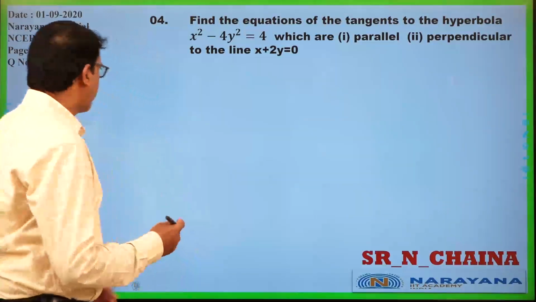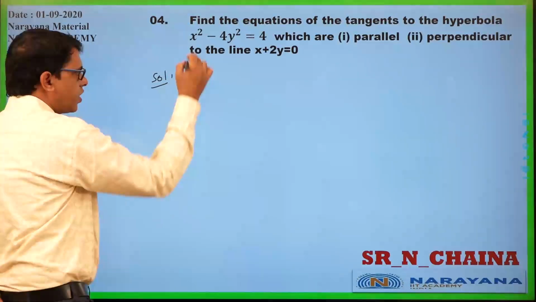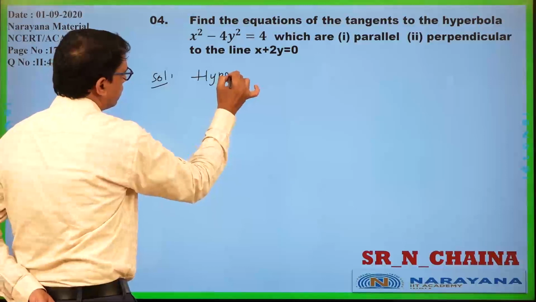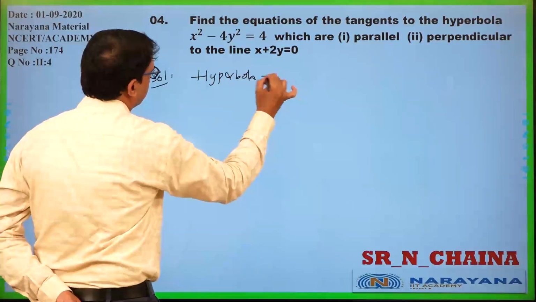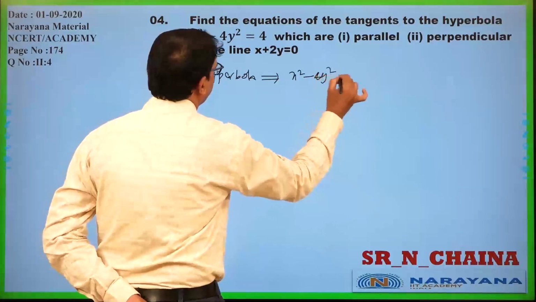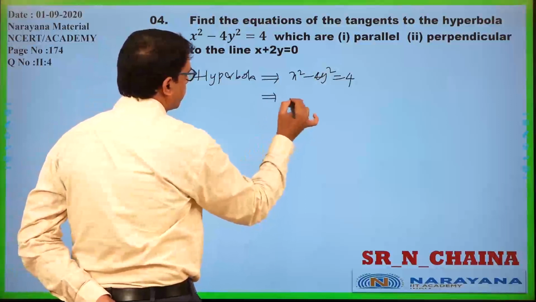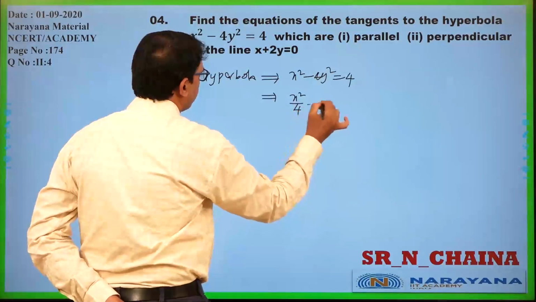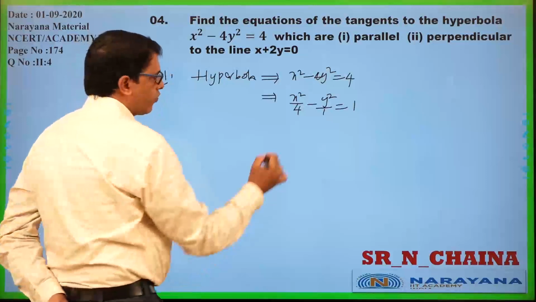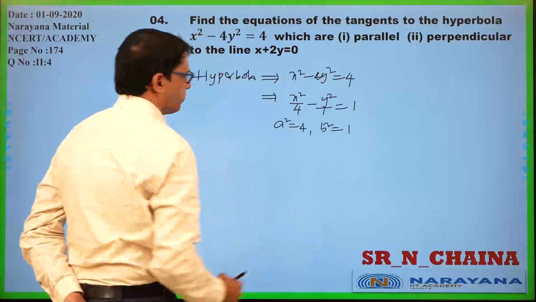First, the given hyperbola is x square minus 4y square equal to 4. Bring it to standard form: x square upon 4 minus y square upon 1 equals 1. Therefore a square value is 4 and b square value is 1.